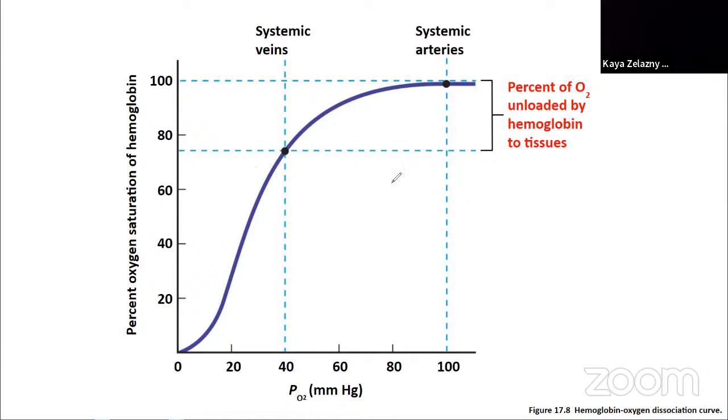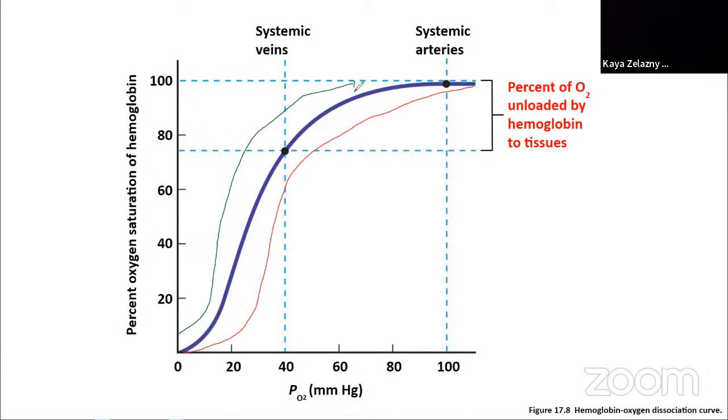The other reason we want to be familiar with this curve, other than just knowing more oxygen in the blood, partial pressures of oxygen, more oxygen on the hemoglobin, is that we're going to talk about shifts to this curve. So we're going to talk about right and left shifts. When we say that, we're saying genuinely the whole curve can shift to the right, or the whole curve could shift over to the left.